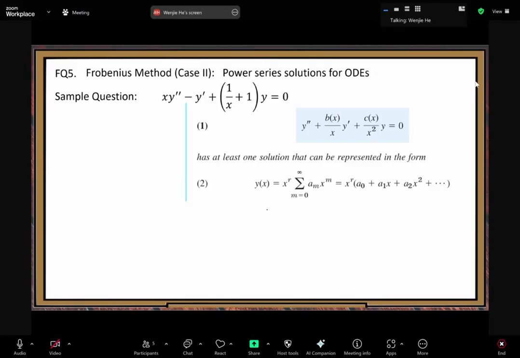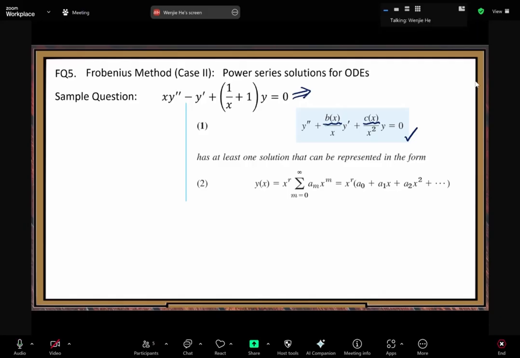Then, how do we see those 3 cases? First, let's compare the B function and the C function. We treat this as the standard form. Let's convert it to the standard form. We divide it by that x.